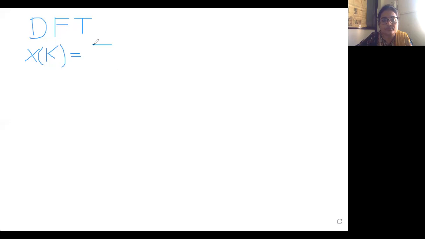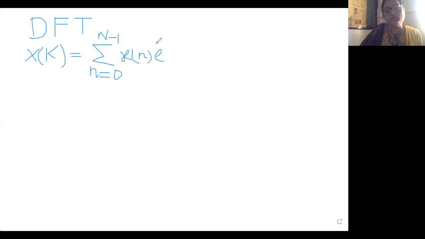Summation n varies from 0 to N minus 1, x of n into e raised to minus j 2 pi divided by capital N into nk.